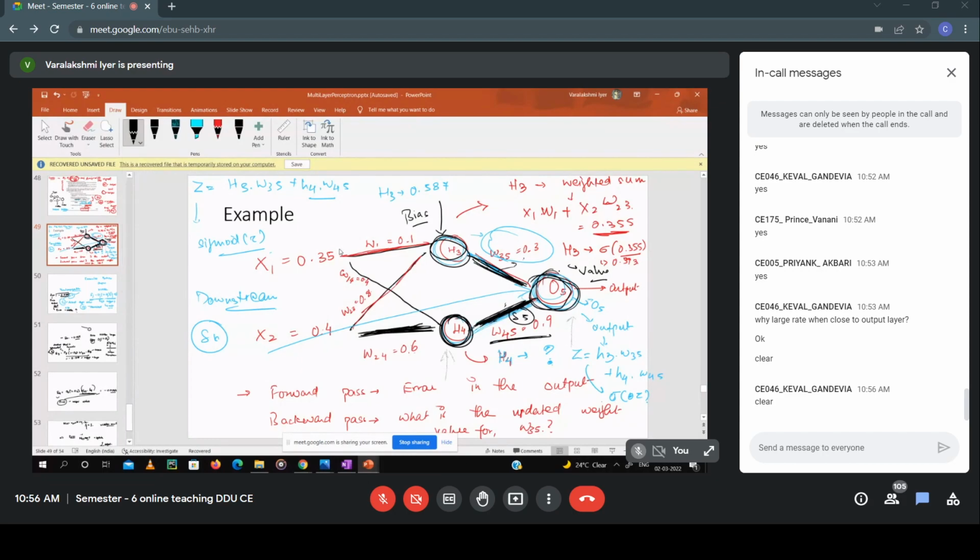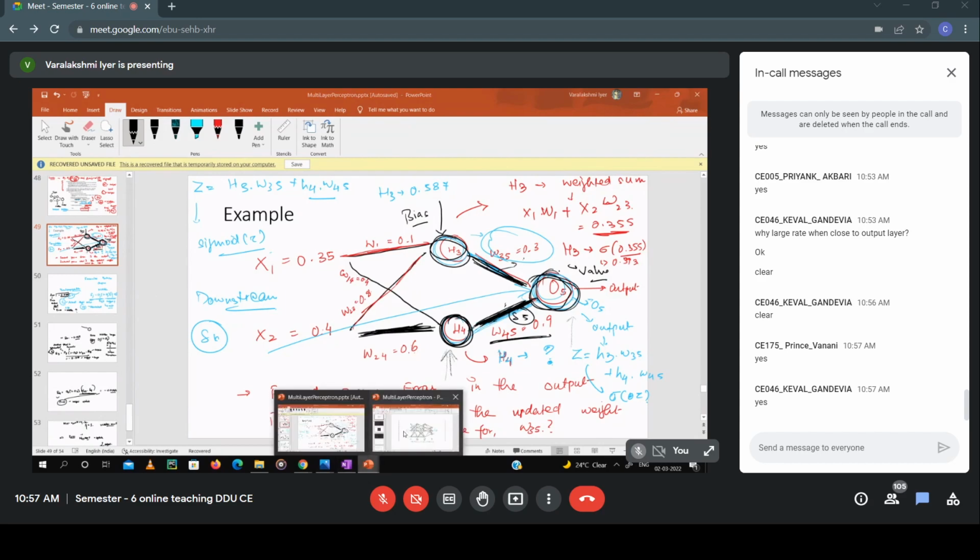I'll add one more example for your better understanding, and whenever I upload, I'll update the PPT. Are you getting the idea of what I'm trying to say here? All right, so let us start our discussion with support vector machine now.